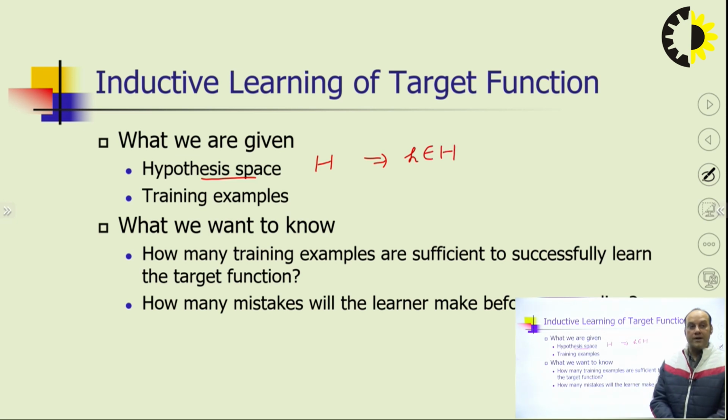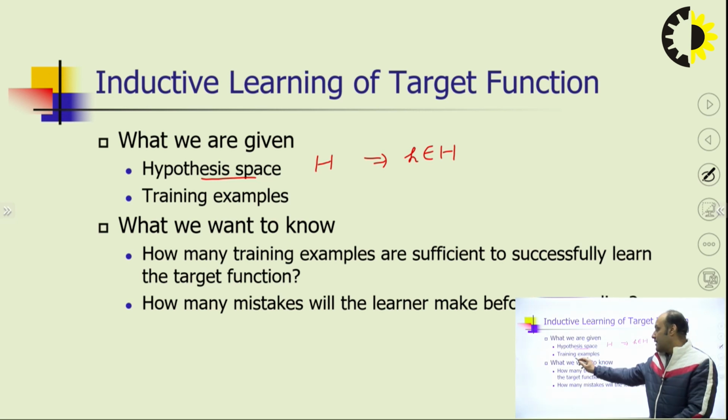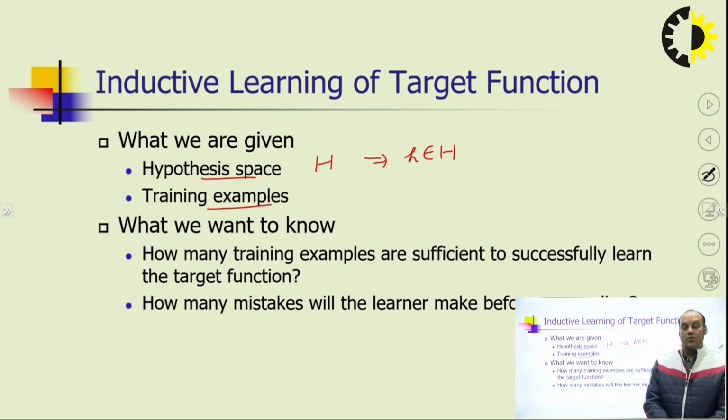This hypothesis space will be given for the implementation of the algorithm in machine learning. Secondly, training examples are given. The question arises: how many training examples should be given to the machine so that it can provide efficient output? What we want to know is how many training examples are sufficient to successfully learn the target function. This is the main question that we are going to answer here.